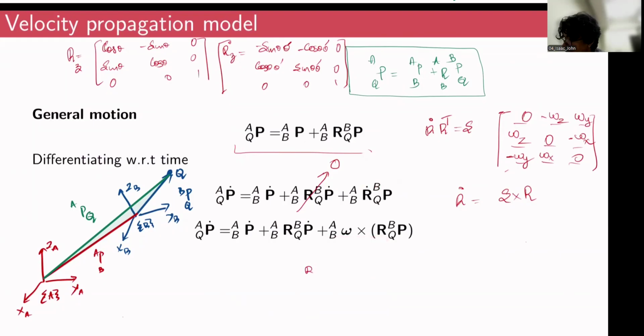The derivative of the rotation matrix of B with respect to A, you can either write it as the skew symmetric matrix of the angular velocity of B with respect to A, multiplied by the rotation matrix of B with respect to A, or you can write it as the angular velocity vector cross this term, the rotation matrix of B with respect to A. Either of these terms are essentially equivalent.